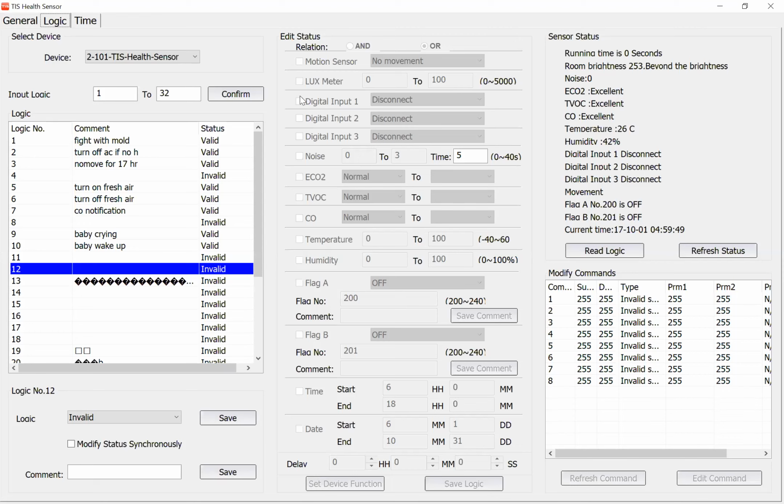Do you know what the pressure sensor is? You connect the pressure sensor under the patient's bed, and if the patient falls down from the bed, it disconnects, and you can tell the nurse your patient fell down from the bed.